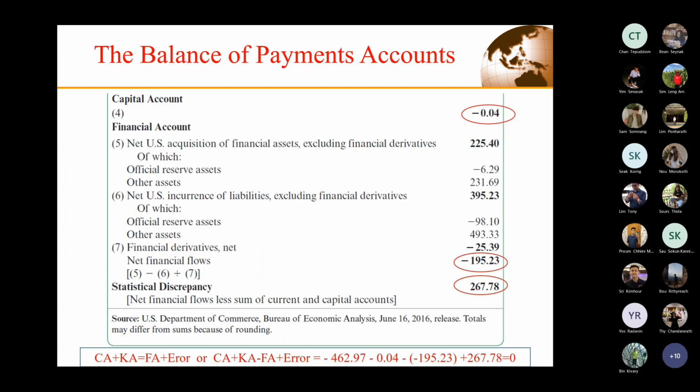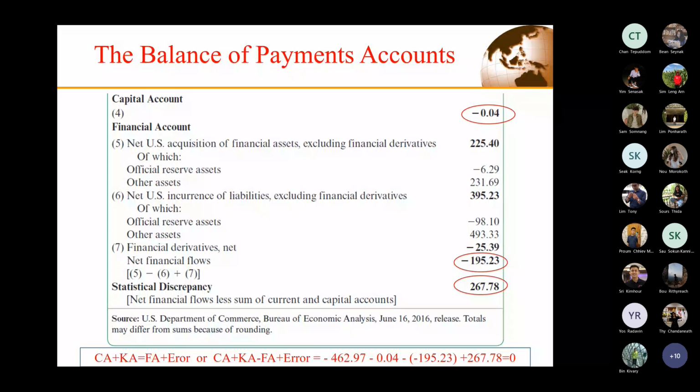By looking at the balance of payments of a country, we can know whether the country is exporting more than its imports, and whether it receives income transfers, either primary or secondary income, more or less than its transfers out of the country. So we can have that kind of information.